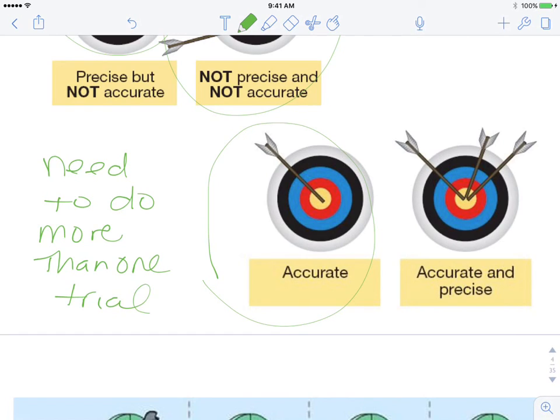That first trial could be accurate, but then in your repeated trials, maybe you'll get a mark up here, and maybe a mark down here. At that point, you're no longer really accurate, because you have two other trials that are completely inaccurate, and you're not precise. This is your best case scenario right here, where you're accurate and you are precise. This is what we strive for. You want to be accurate, you want to be precise. You want to get hundreds on your tests, accurate. You want to do that over and over again.